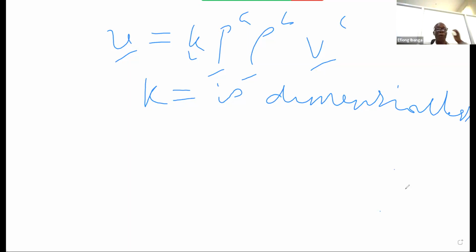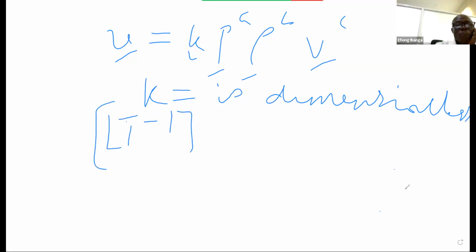Now, you know that this is velocity, so my U should be LT to the minus 1, all raised to power 1 on this side. K is dimensionless, so we can neglect it.